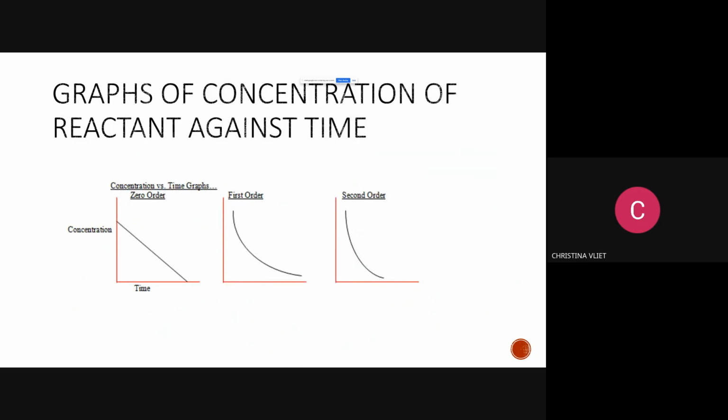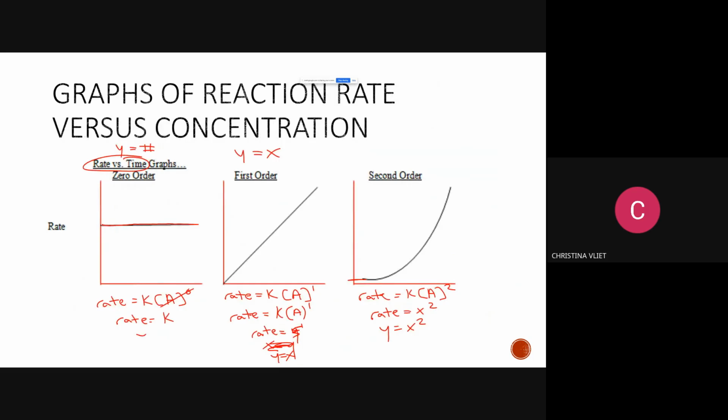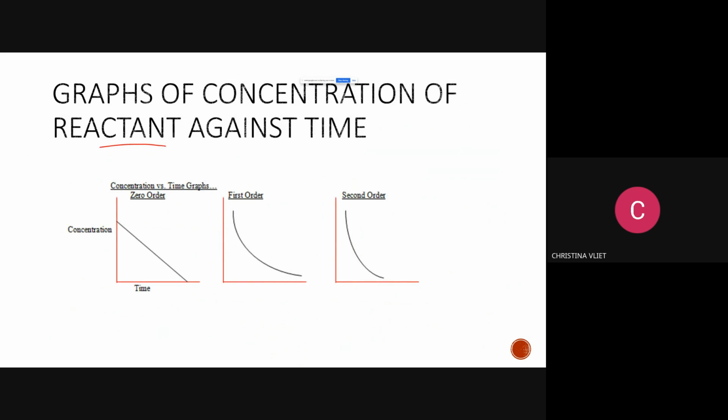And so looking at the concentration of a reactant versus time. The difference in these graphs versus the difference in this graph: this is the overall reaction rate over time. So reaction rate over time. And then this set of graphs they also want you to be aware of. This is the concentration of a reactant versus time.